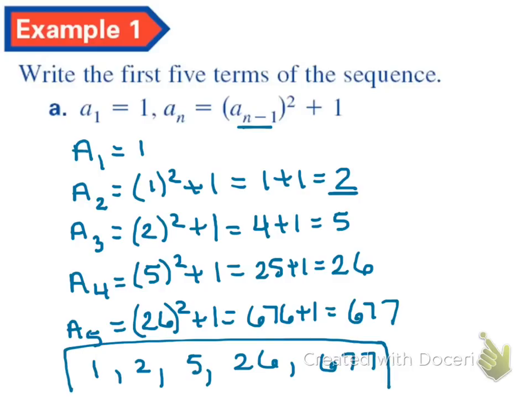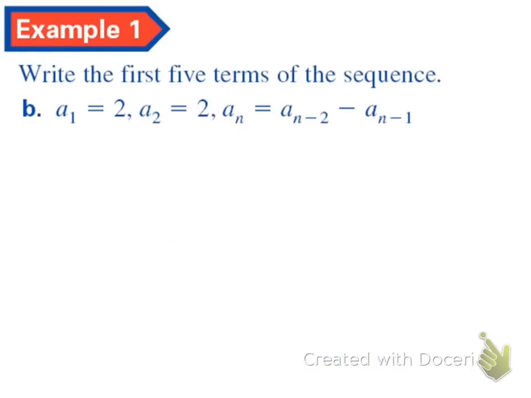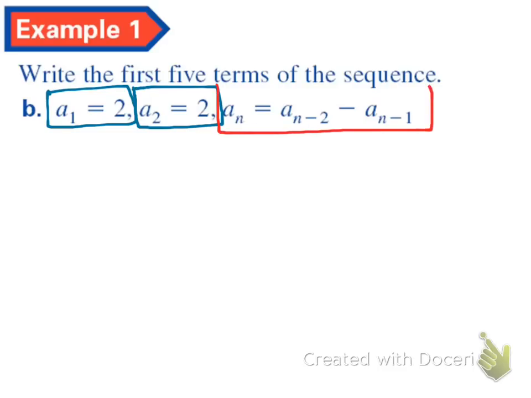Let's practice with this a little bit more. Let's look at example B. Notice in example B, the rule is written recursively again. This time we are given the first 2 terms. The first term is 2, the second term is 2, and then for all terms after the first and second term, we are given a recursive rule.